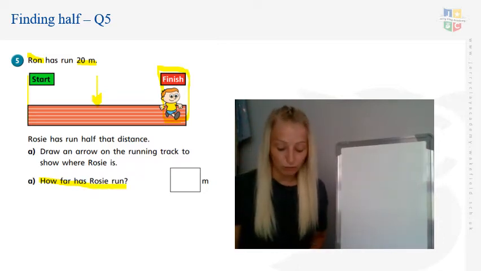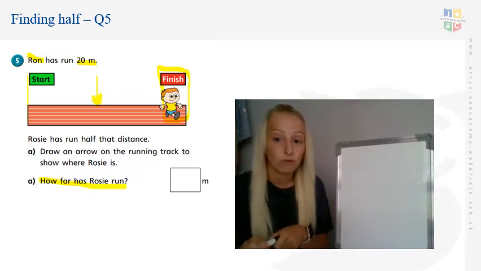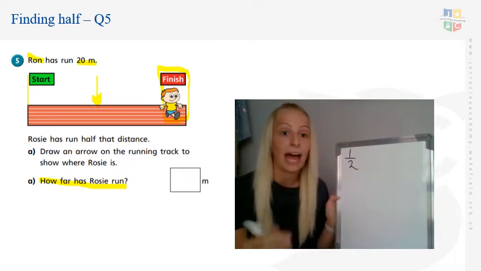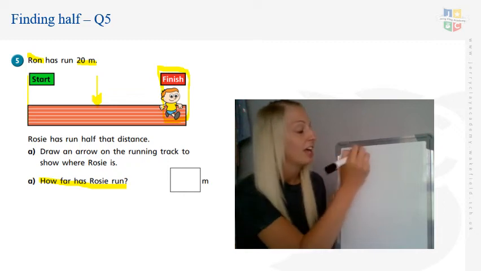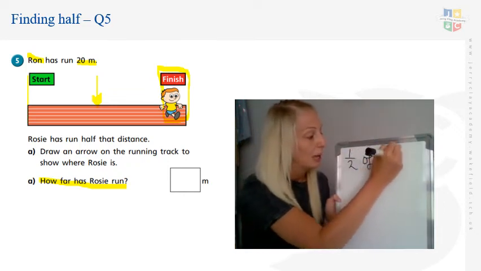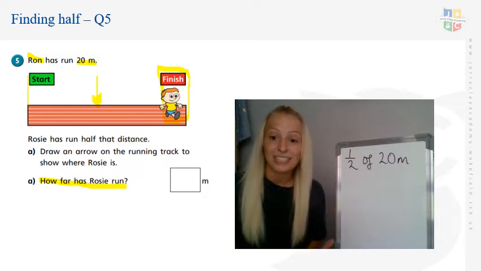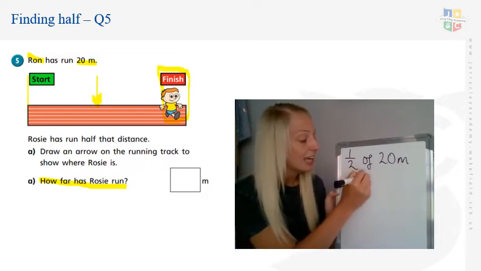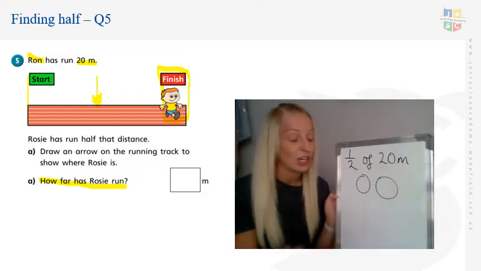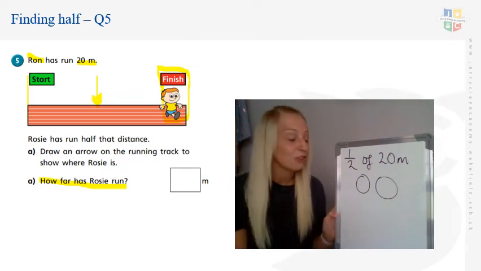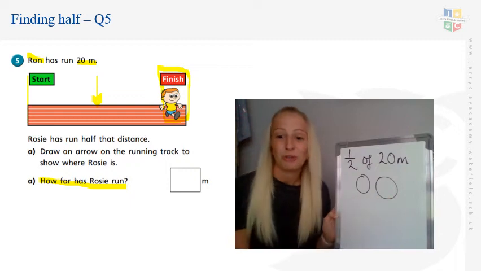Well, we know that she's run half of Ron, so we need to find 1/2 of Ron's number, and Ron's number, we circled it earlier, is 20 metres. Now to do this, you can collect your 20 counters and share them equally between 2 groups. See if you can pause the video and share 20 between your 2 groups.